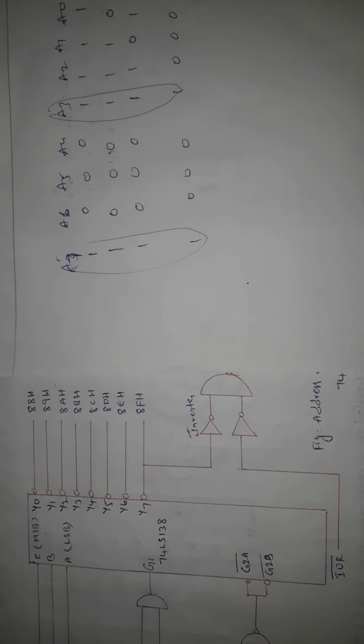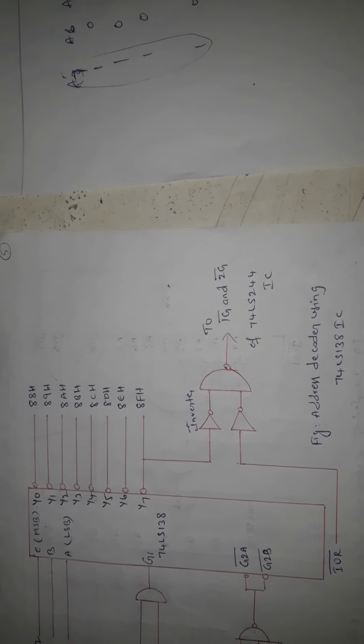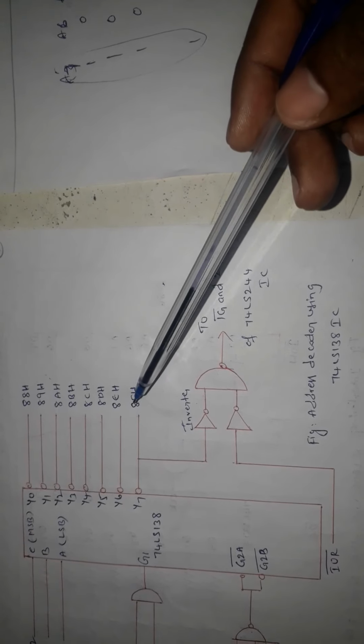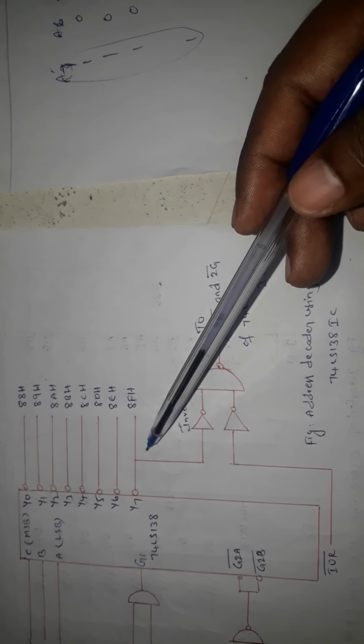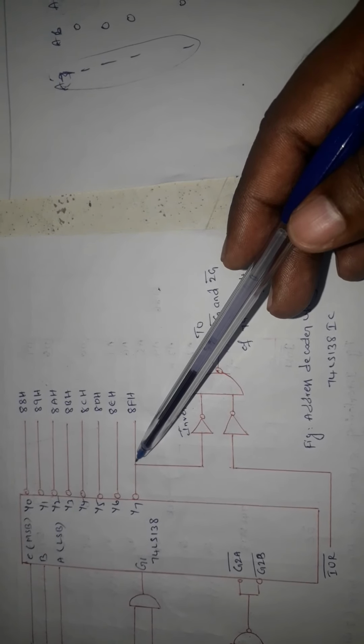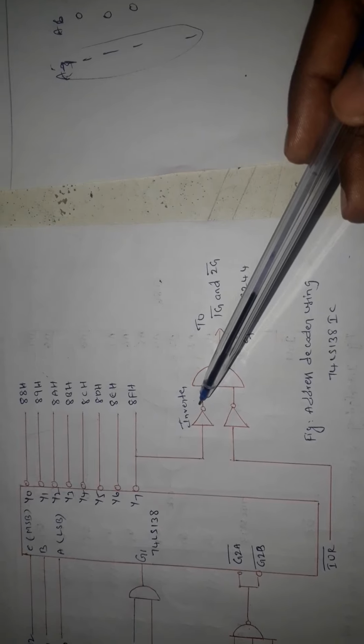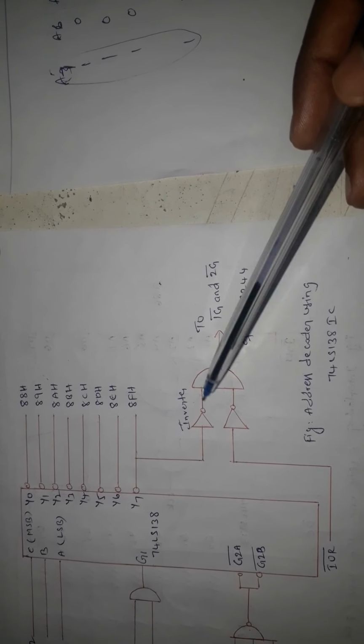So here we are choosing to apply 8FH to the switch. So Y7 gets selected, and Y7 is an active low input, so that is applied to the inverter, and you will get 1 at the input of the AND gate.